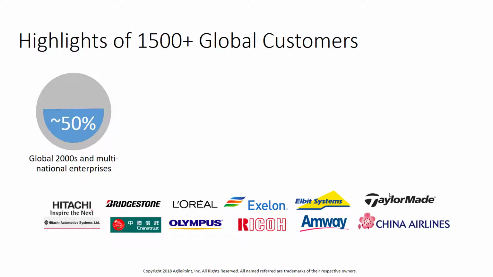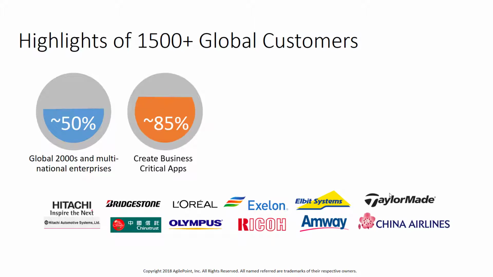Speaking of those customers, roughly 50% of them are Global 2000 or at minimum multinationals. 85% are using AgilePoint in some sort of business-critical capacity. Think from a manufacturing perspective, smart manufacturing, or some sort of shop floor process.